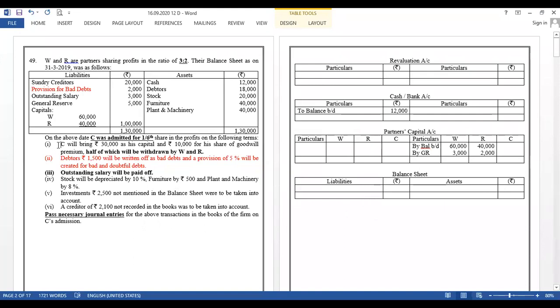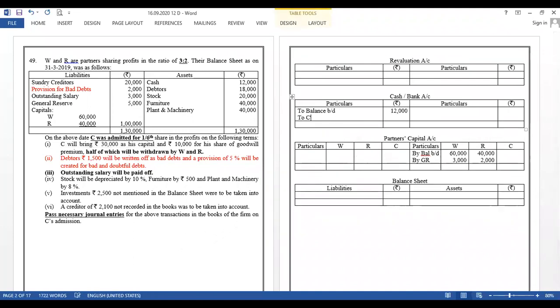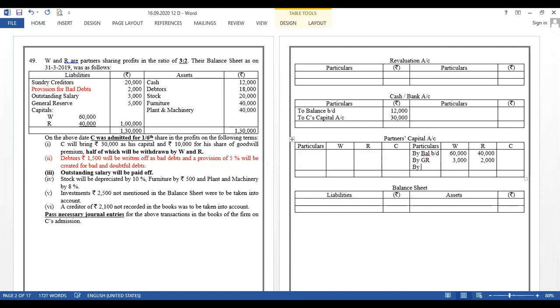The first adjustment is that C will bring 30,000 as his capital. The entry for the same is cash to capital. I go to the cash account, on the debit side I write to C's capital account. This is why I prepare a cash and bank account. The amount brought in is 30,000, so in the capital account on the credit side we write by cash or bank.